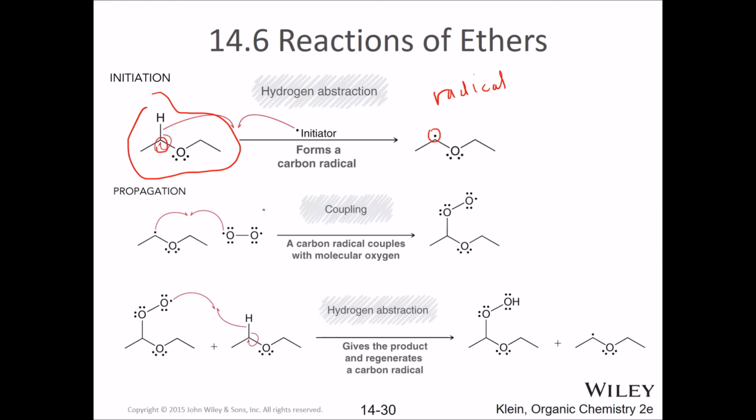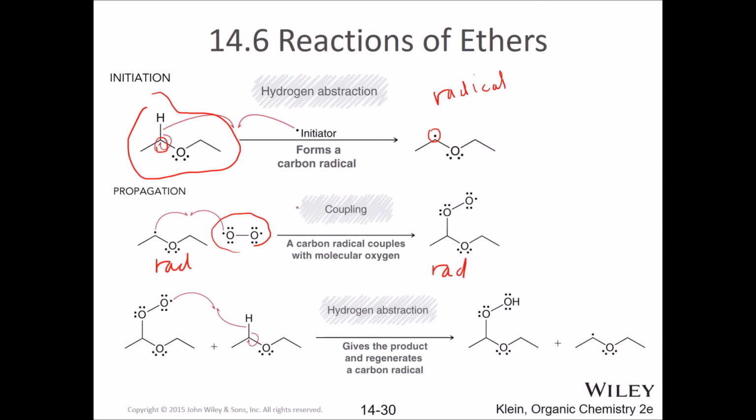That said, now O2, which has some radical aspect to it, can come in and form a bond with that radical. You see that? So this is propagation, where you have a radical and you have a radical in the end. You have a radical here, and you have a radical here.